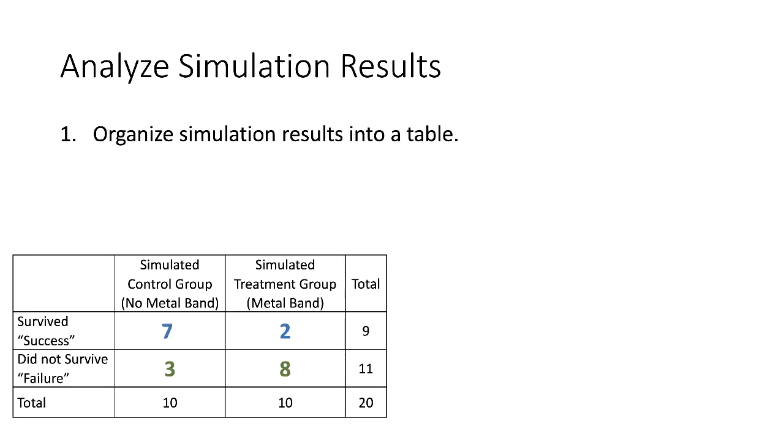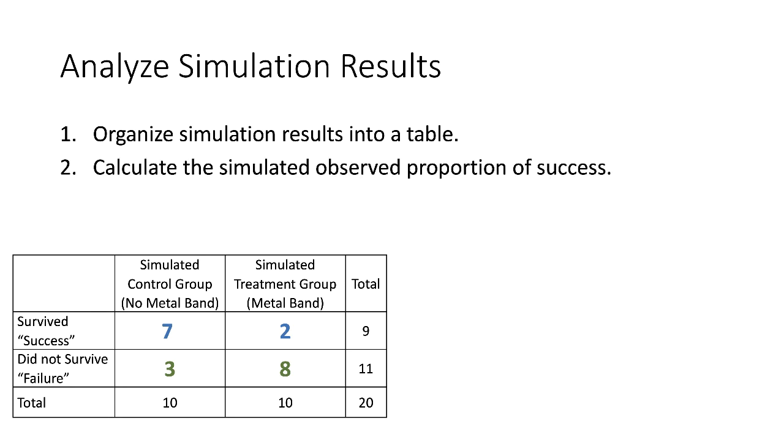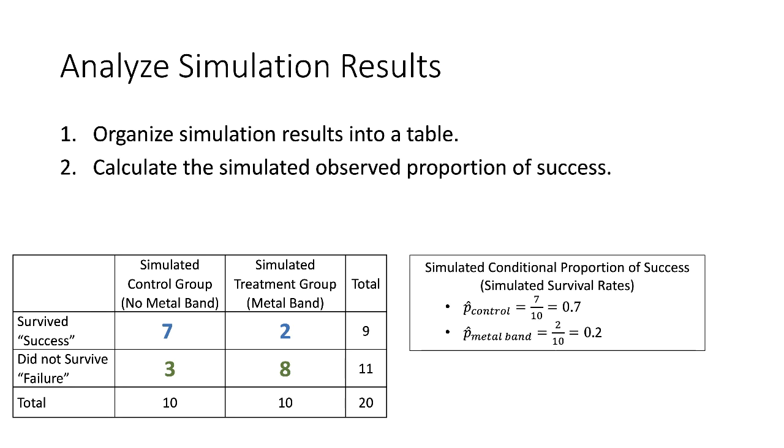So then I would repeat the process one more time. I would organize the simulation results into a table. In the simulated control group, I had 7 that survived, 3 did not, for 10 total. In the simulated treatment group, I had 2 that survived and 8 that did not, for 10 total. I would calculate the simulated observed proportion of success for each group. So for the control group, 7 out of 10 or 0.7. For the metal band group, 2 out of 10 or 0.2.